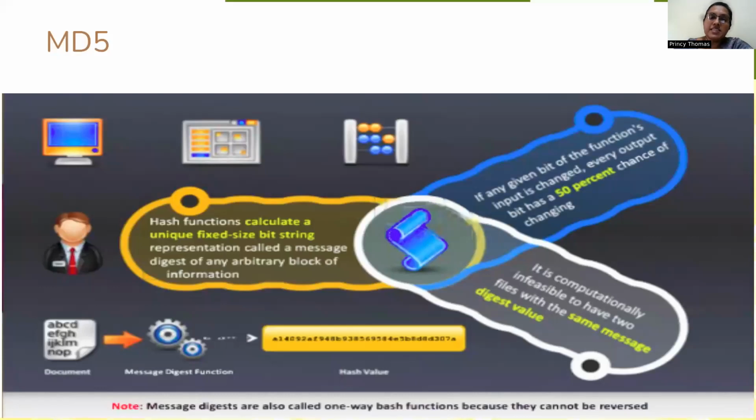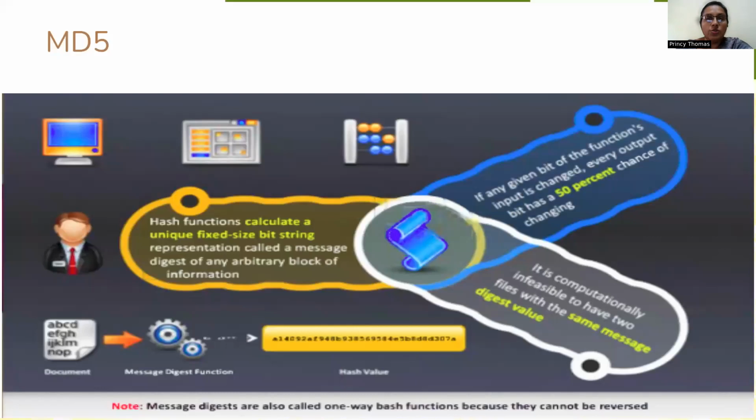Next, if any given bit of the function's input changes, that is, if the message changes, then every bit in the output has a 50% chance of changing. And the third thing is that it is computationally infeasible to have two messages or files with the same message digest value.